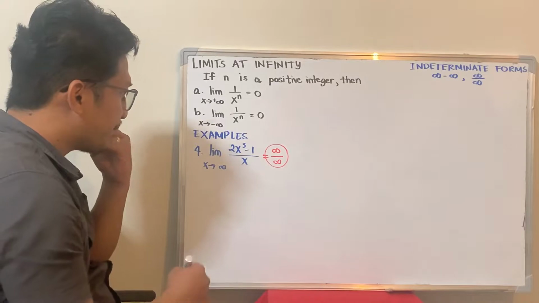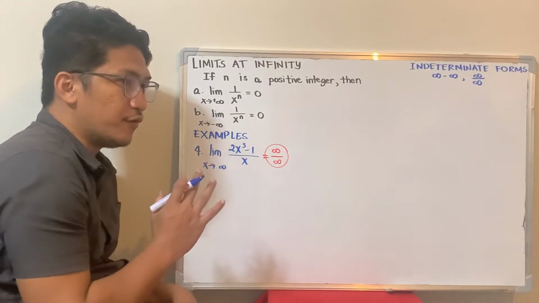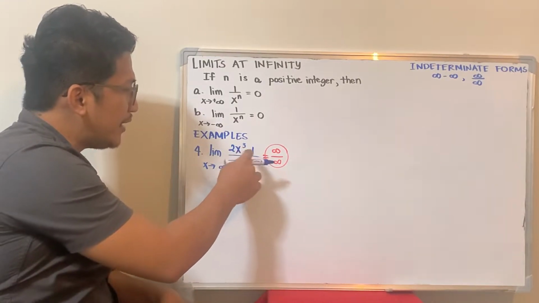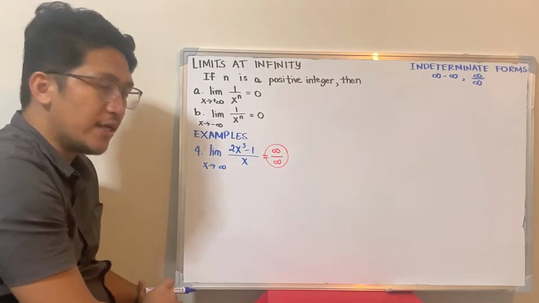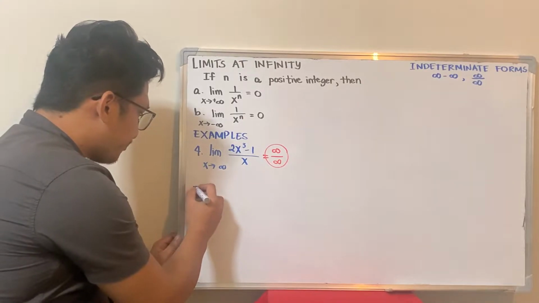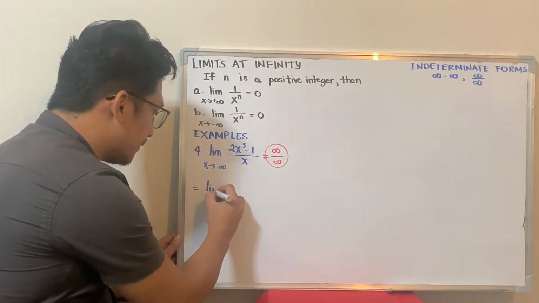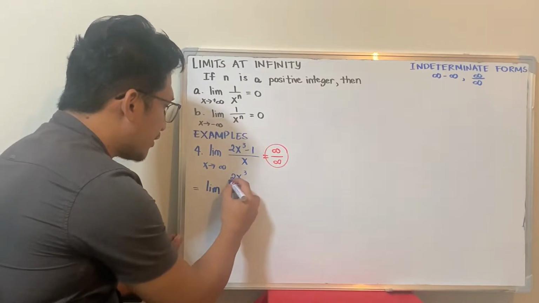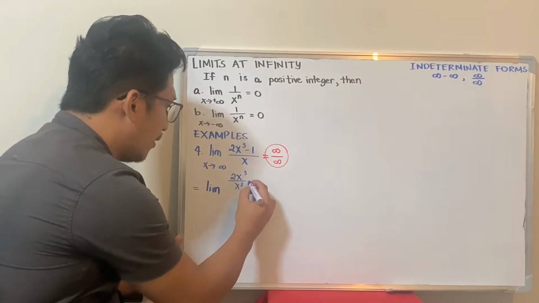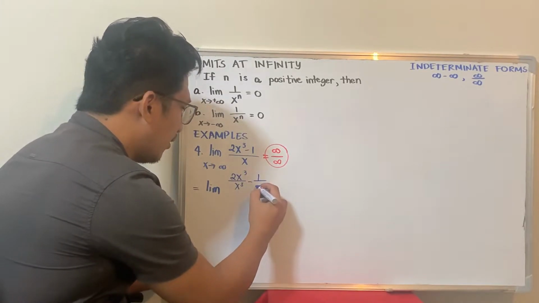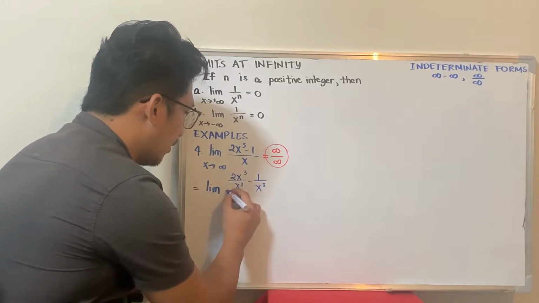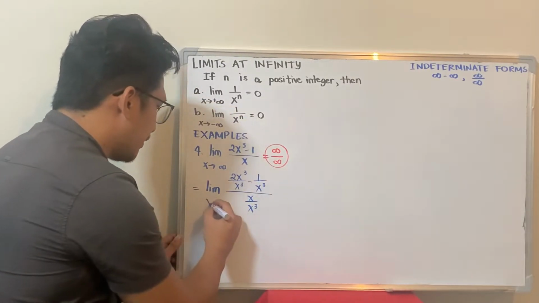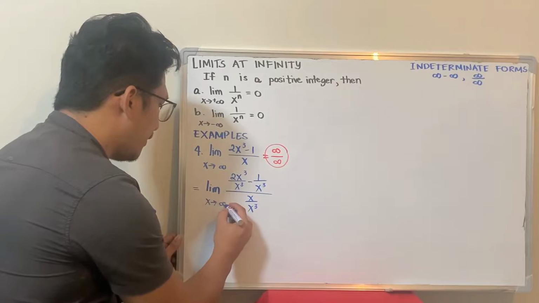So from here, again, look for the highest degree. The highest exponent now is 3. So meaning, you divide all terms by x cubed. This becomes the limit of 2x cubed over x cubed minus 1 over x cubed, all over x over x cubed, as x approaches infinity.